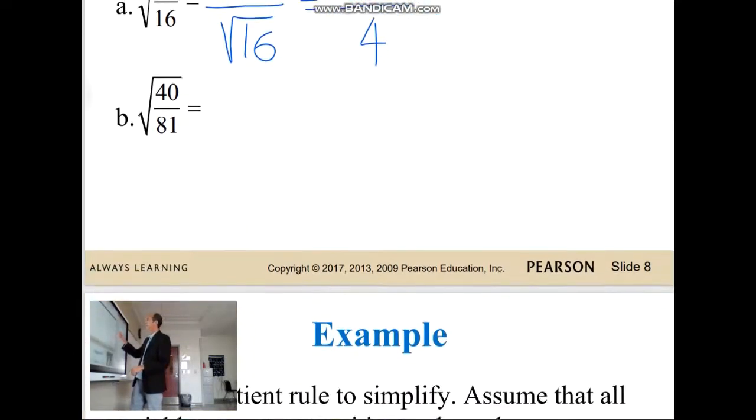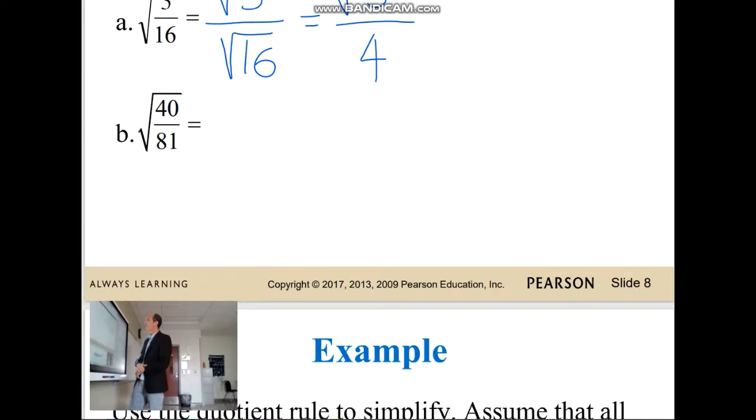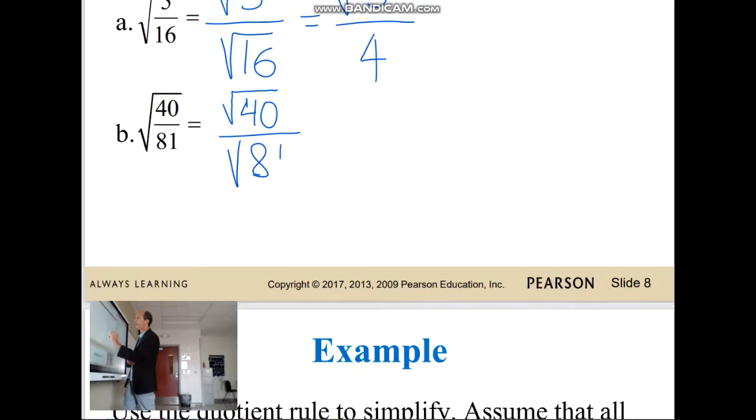Next, the square root of 40 over 81. You can rewrite this as the square root of 40 over the square root of 81. We can simplify even further, because we know that 40 is 4 times 10, over the square root of 81.